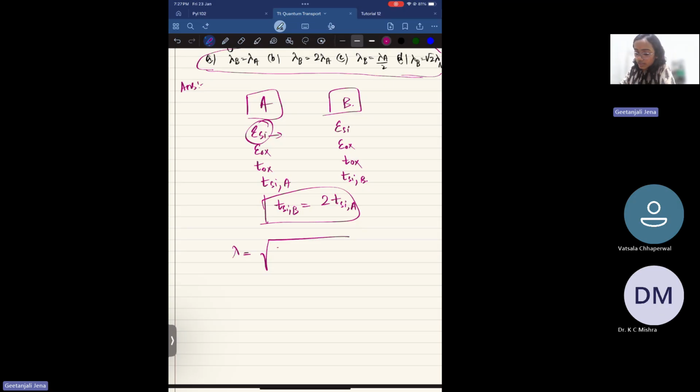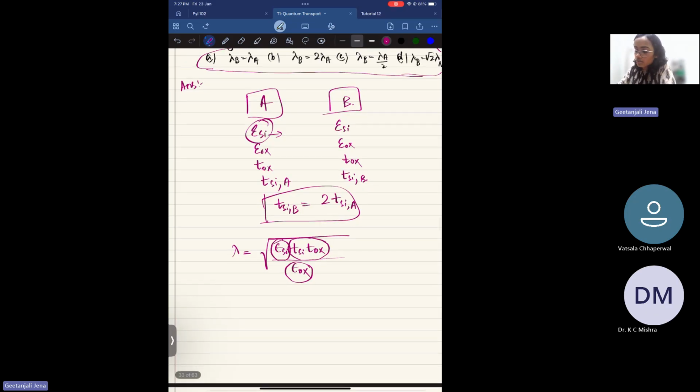So that means lambda is related to epsilon Si times Tsi times Tox divided by epsilon Ox. This is the scaling limit. It is directly proportional to the square root of the product of thicknesses, and also directly proportional to the permittivity of the channel, but inversely proportional to the square root of the permittivity of the oxide.